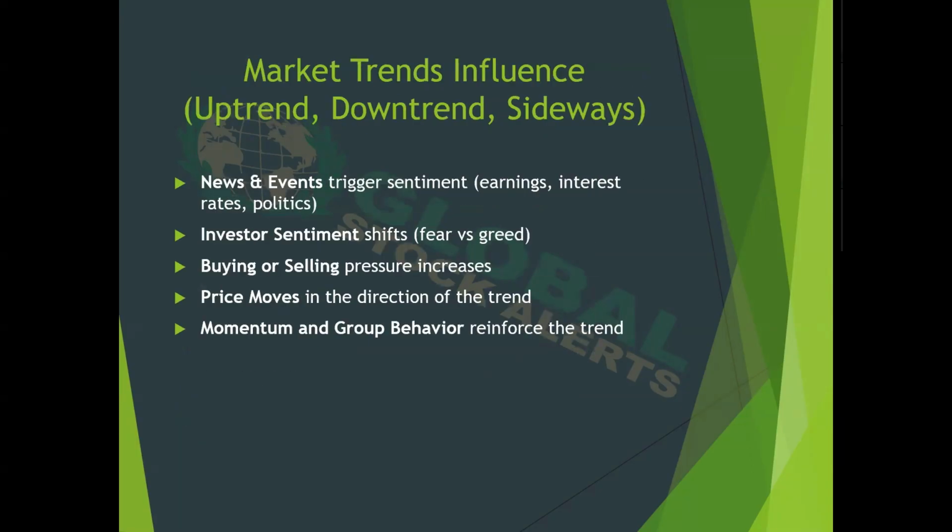The next section is market trends. Remember, a stock is either going to go up, down, or sideways. That's it. And this is how the trend itself influences price movement.